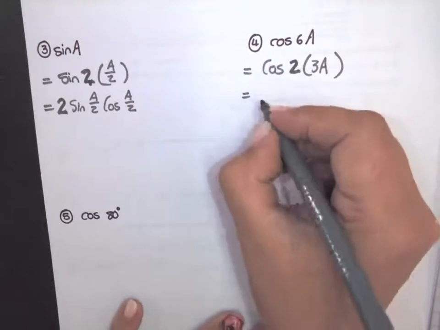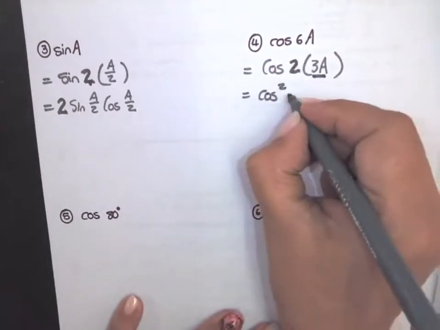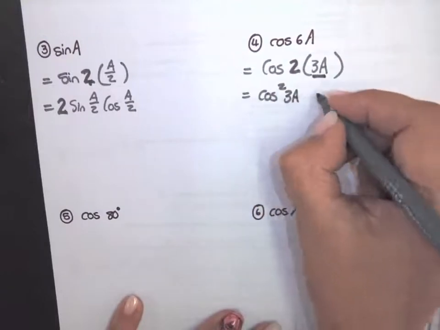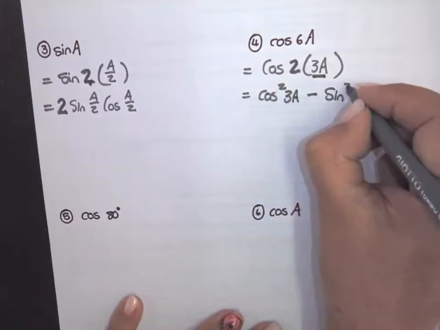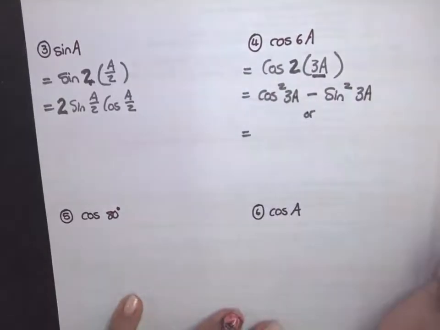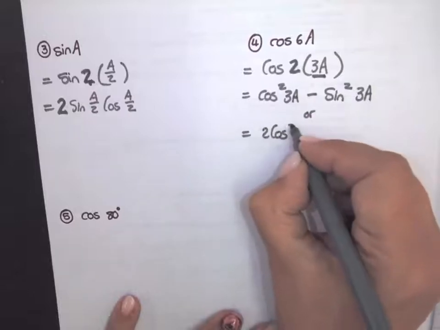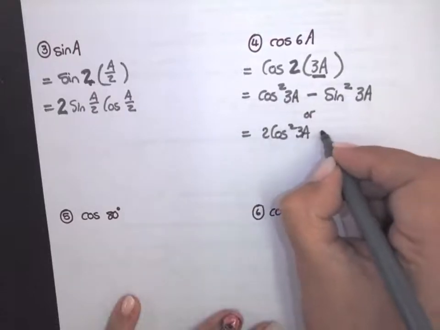The first one is cos squared of the double angle 3A minus sine squared 3A. Or you can write it as 2 cos squared 3A minus 1.